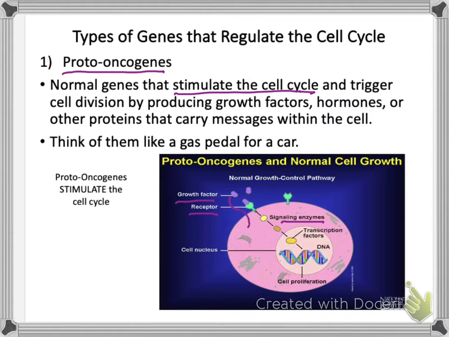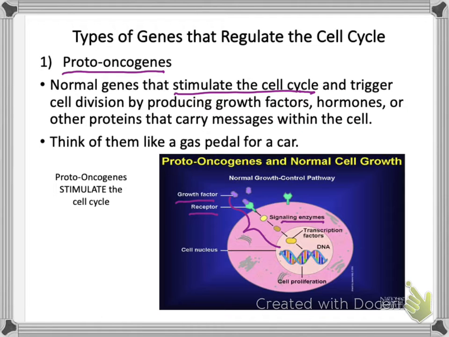So basically all of the proteins, from receiving a signal that it's time to divide to turning on the DNA that then starts the cell cycle, are made by proto-oncogenes. They're telling the cell it's time to go, okay?